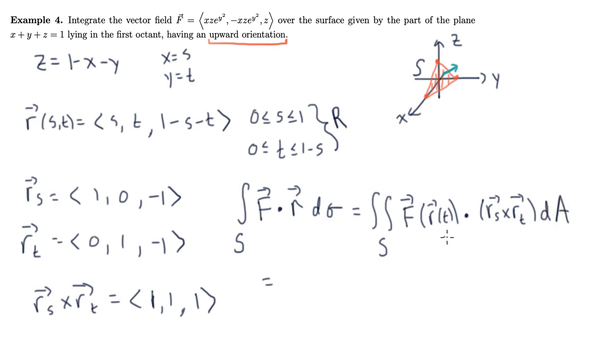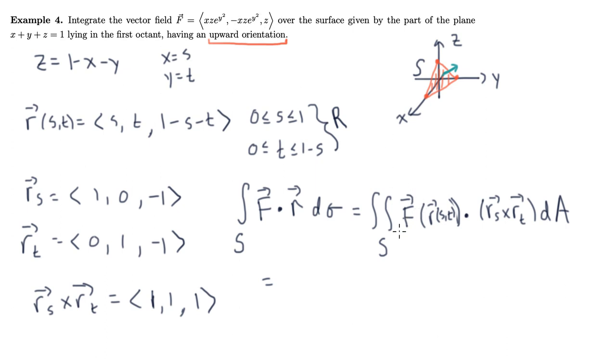And again, when I take the dot product here, even after I plug in x of st, y of st, z of st, this plus this is going to be 0.